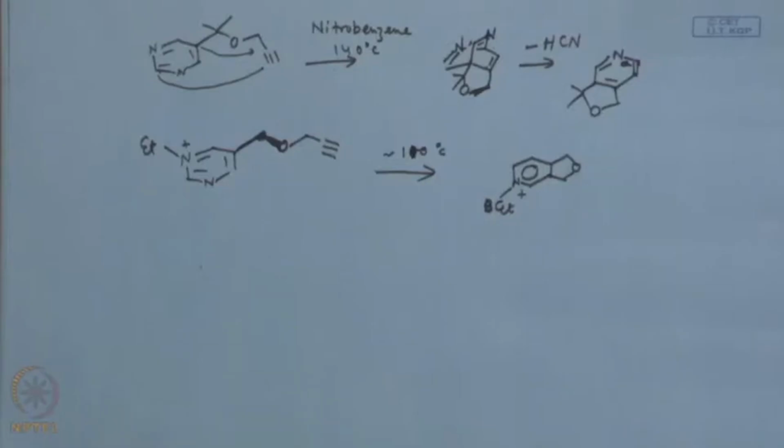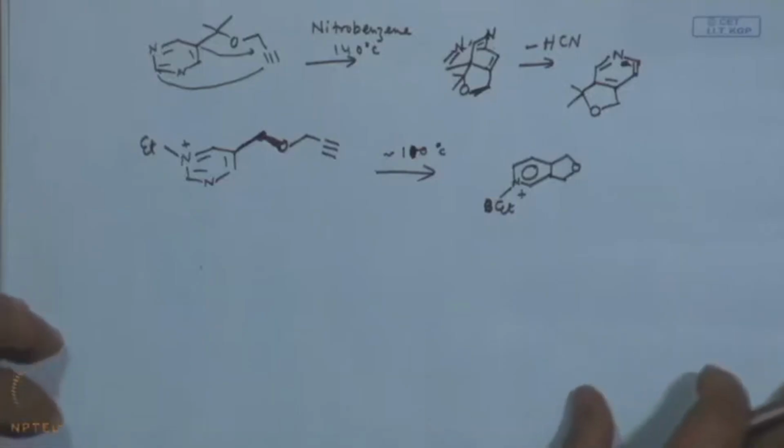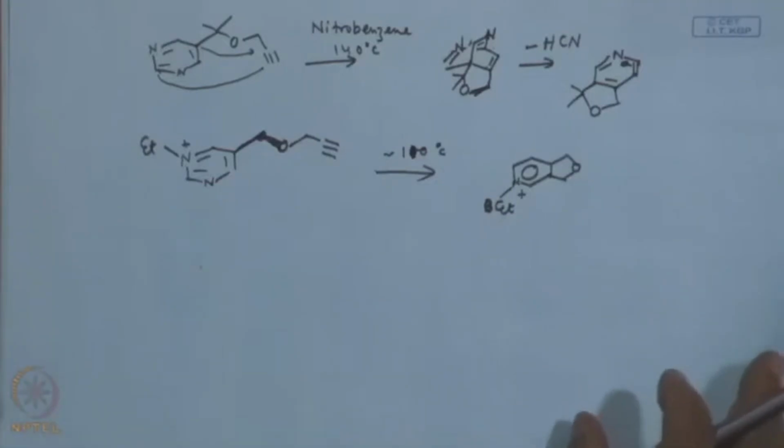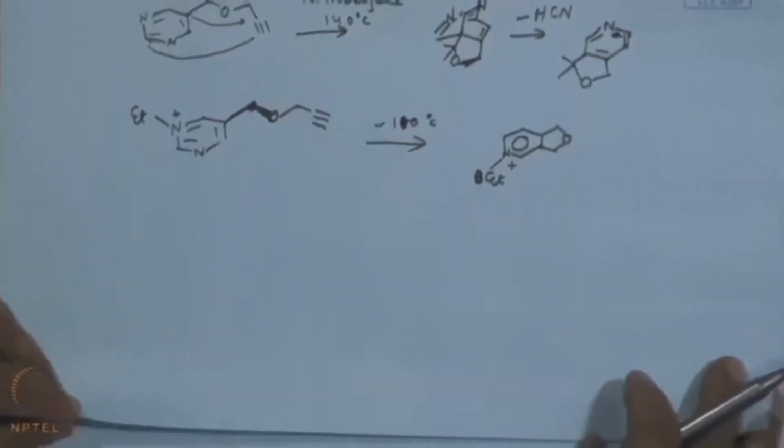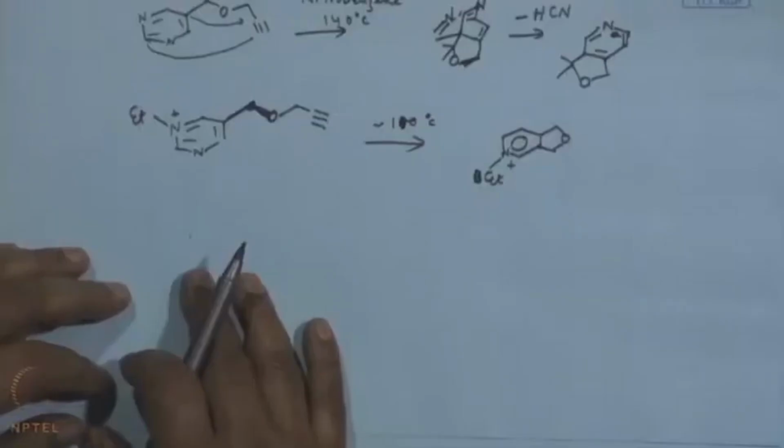Okay. So what next? We have seen triazine, we have seen diazine, pyridine we will see towards the end, but let us look at an example where you have tetrazine.